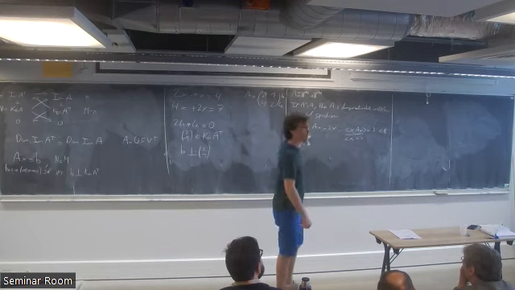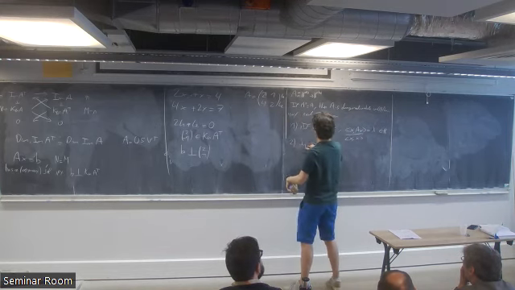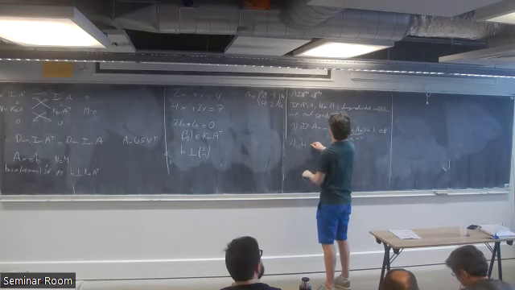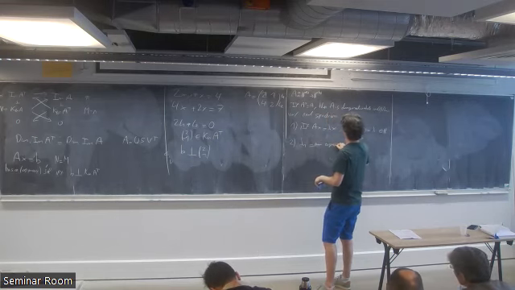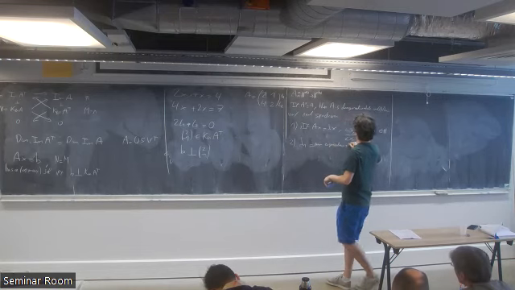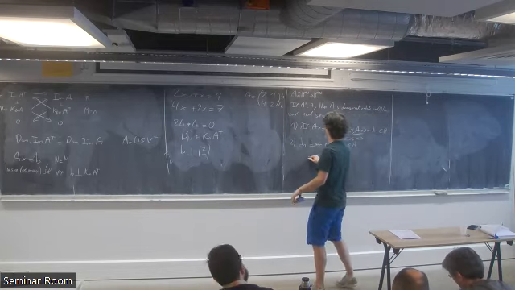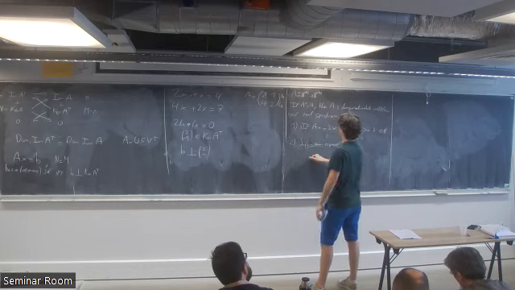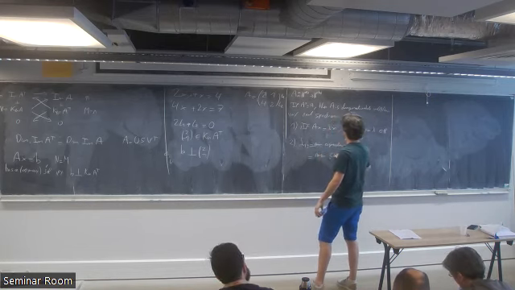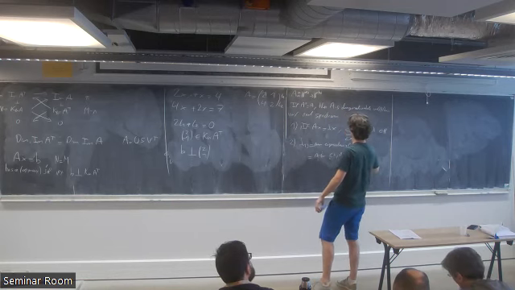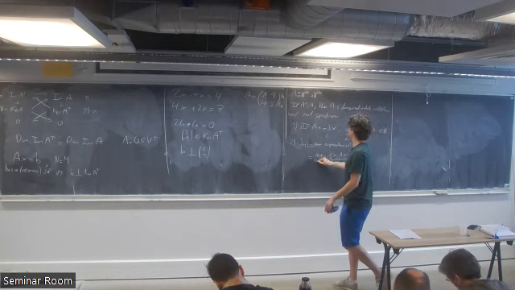The second method of proof is saying that lambda 1, which is defined by the min of eigenvalues of A, this is a definition. So this is equal to the min of x^T A x over x^T x for all x non-zero.